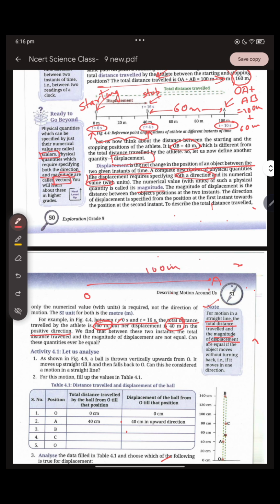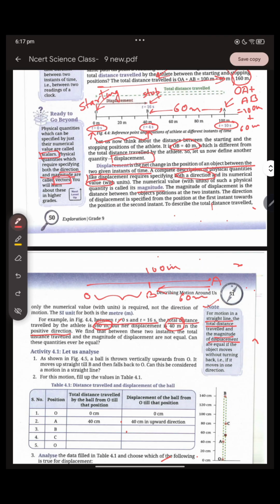Now after moving to A, it is again coming back to B, which has a distance between A and B of 60 meter. So the real path covered is from O to A and again from A to B, which is 100 plus 60, that is 160.